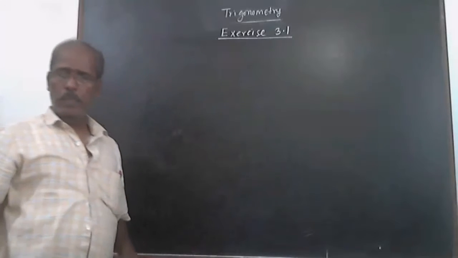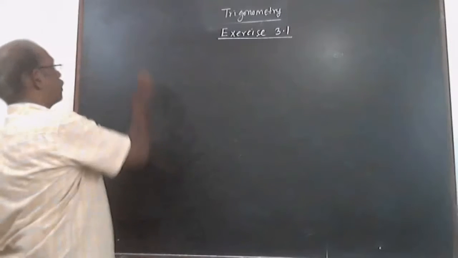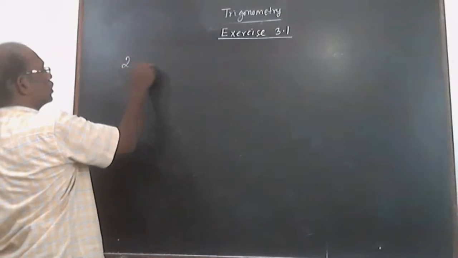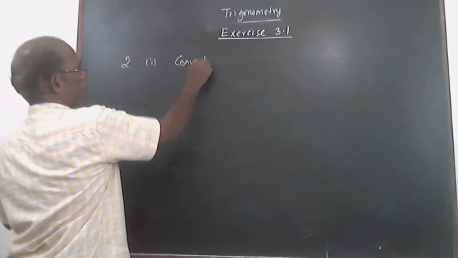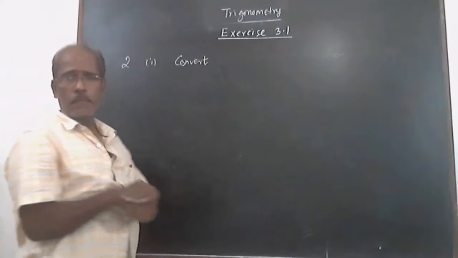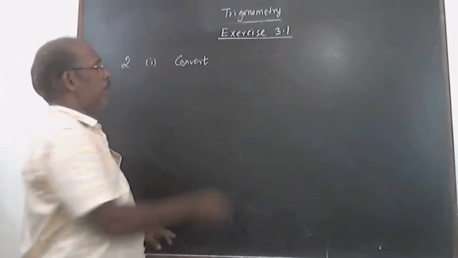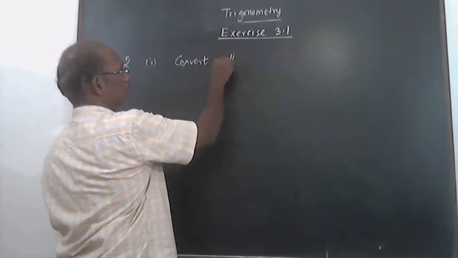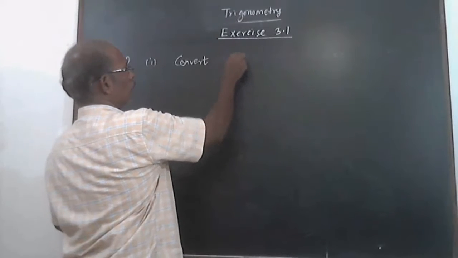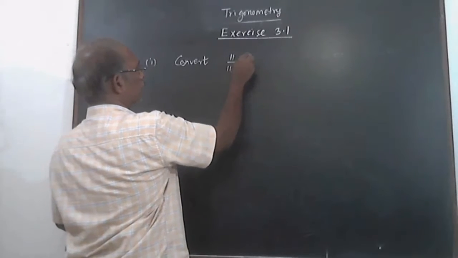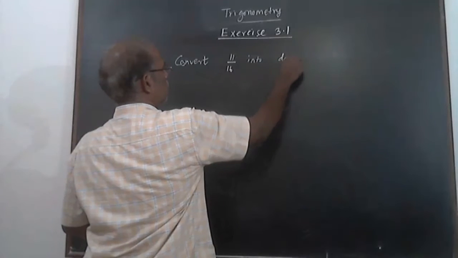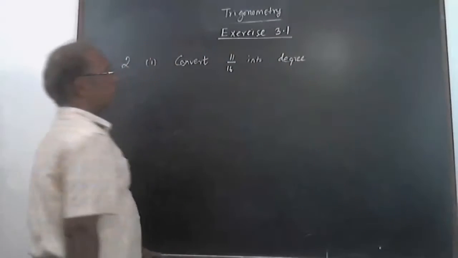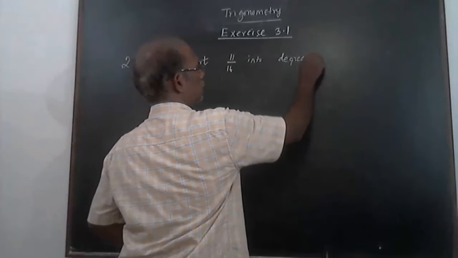Second question, subdivision 1: convert the given radian measure 11 by 16 into degree measure.